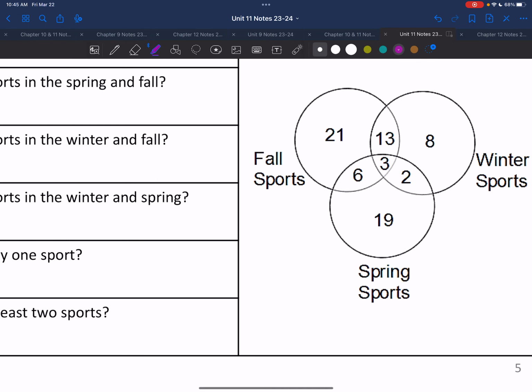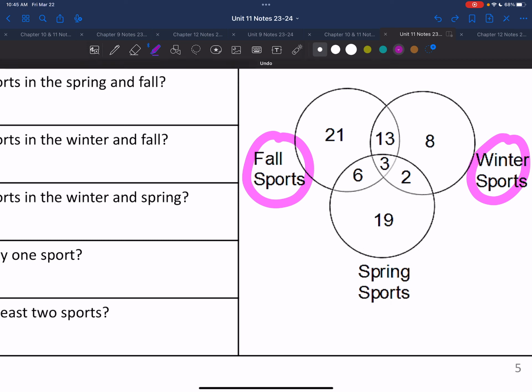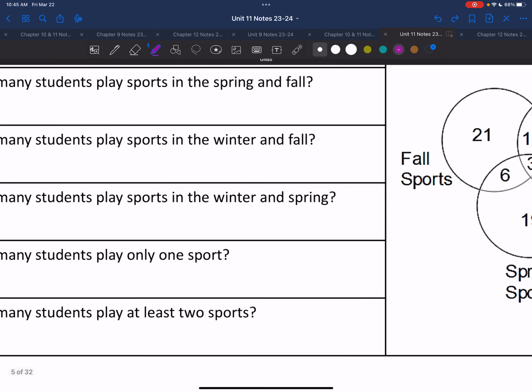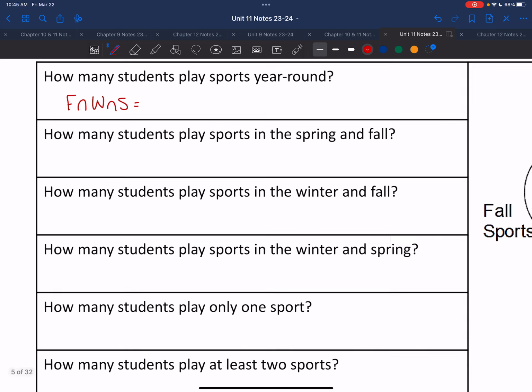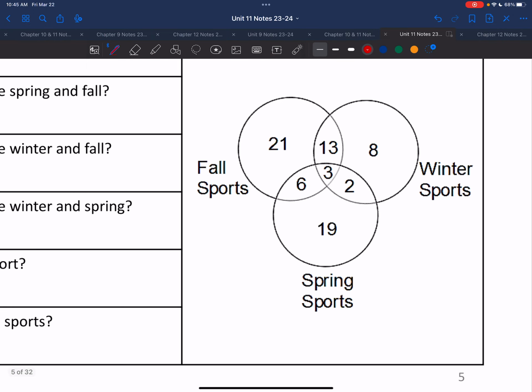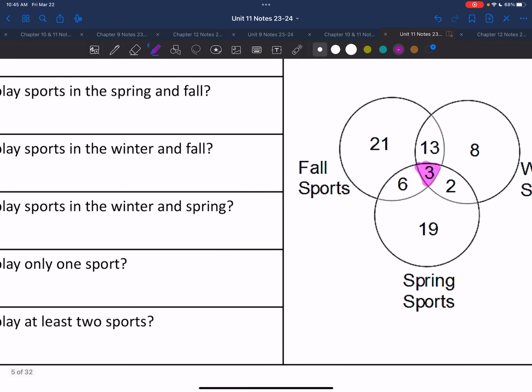So that means they'd have to play fall and winter and spring all at the same time, right? In notation, it's looking at how many are fall and winter and spring. So if I come over to the Venn diagram, I have 3 students that match that description.